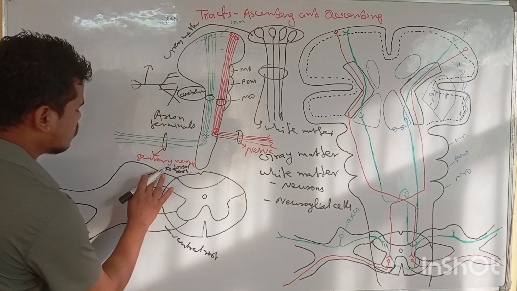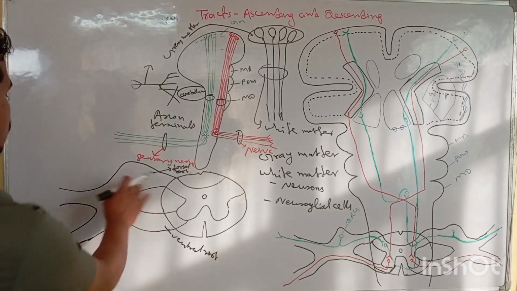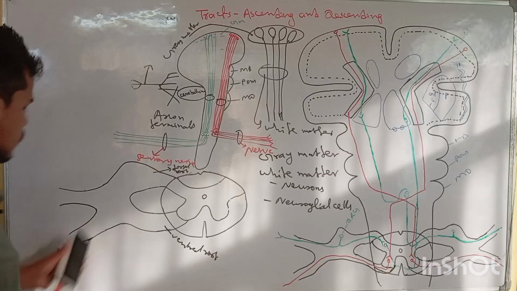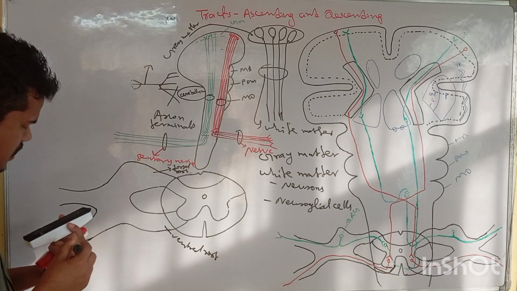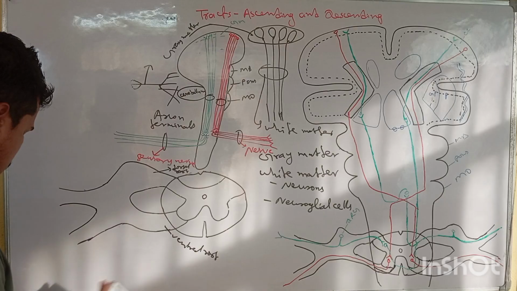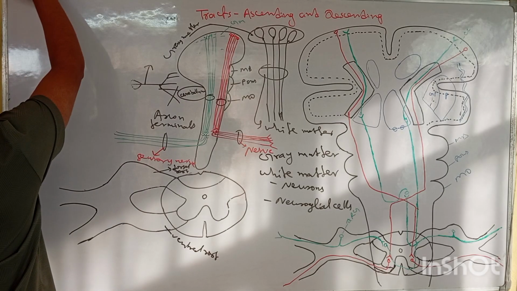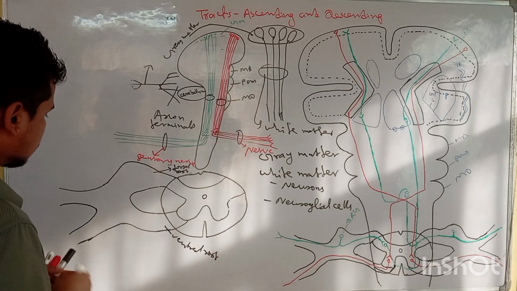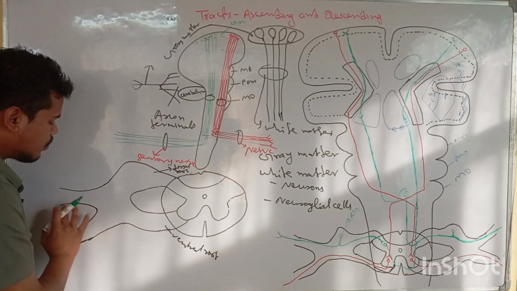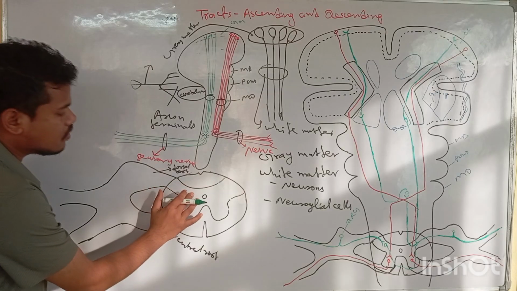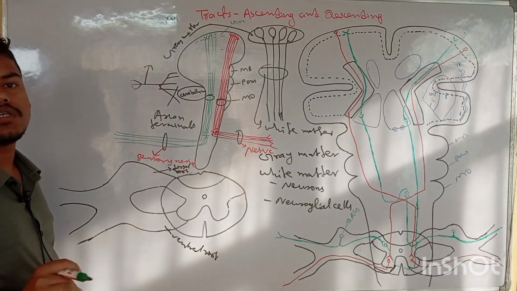So the dorsal root, what happens is that the sensory fiber will always enter into the spinal cord through the dorsal root. This is a universal rule.